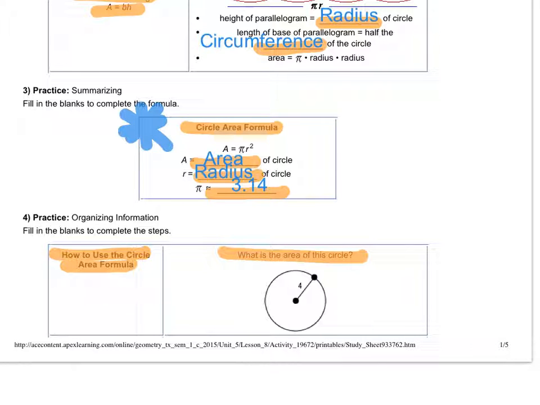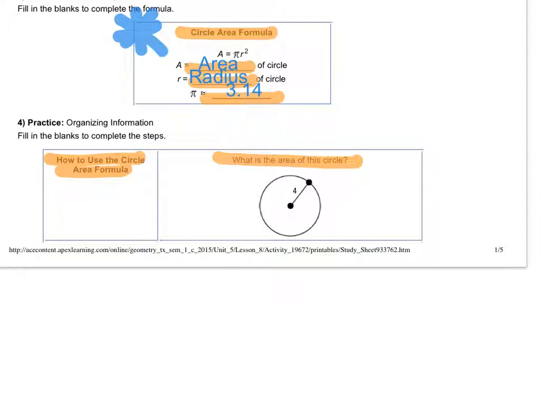Let's put it in practice. Here I am explaining how to use the circle area formula. The area equation is pi times the radius squared. Here our radius is 4, so where I see the R, I'm going to plug in 4. Area equals pi times 4 squared.